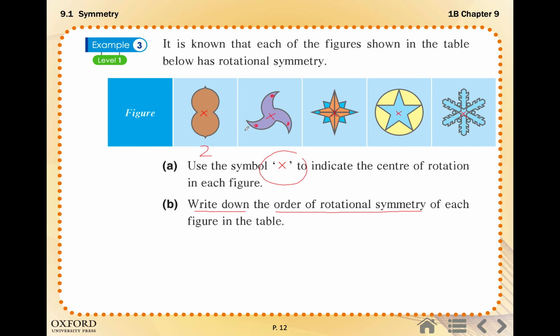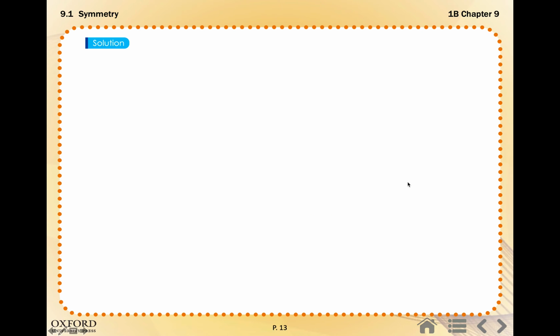So lastly, you can have 3 times the same figure as the original figure in the turning of 360 degrees. That's why the order is 3. And for these, I think it's not difficult for you to find that the order is 4, 5, and 6. Okay? So it's not difficult to identify the order of rotational symmetry.